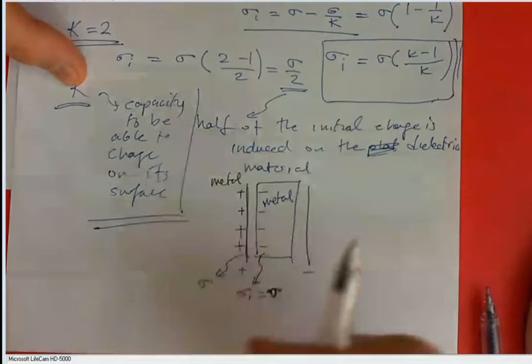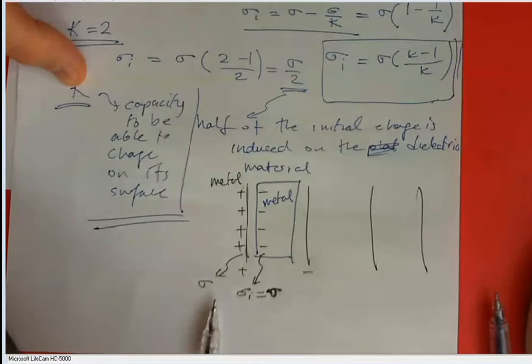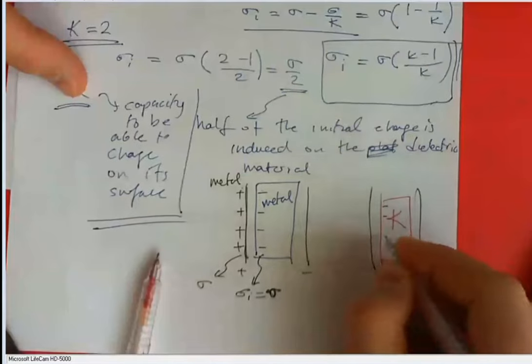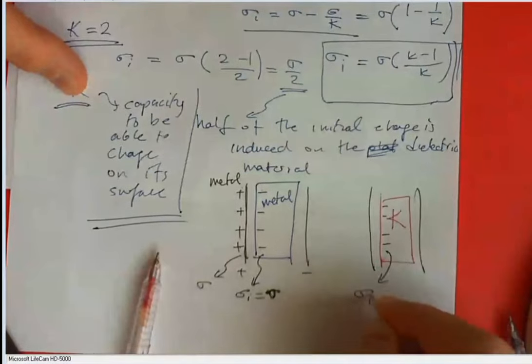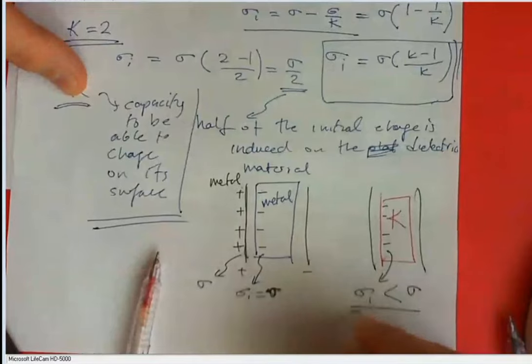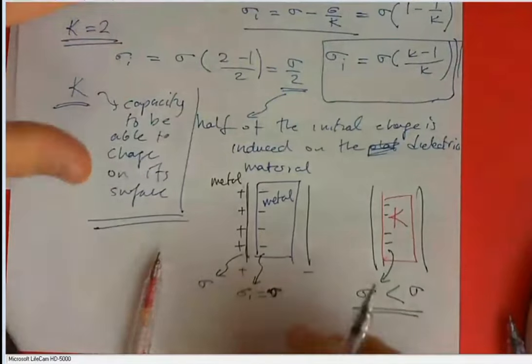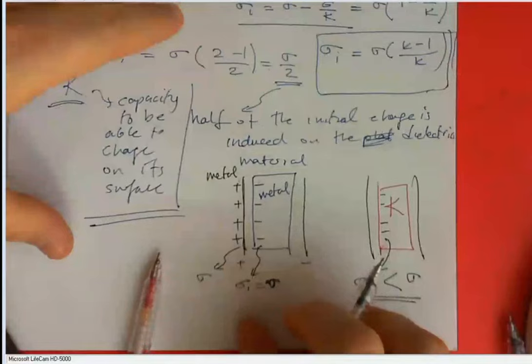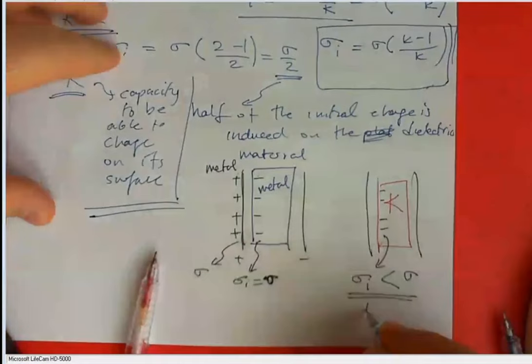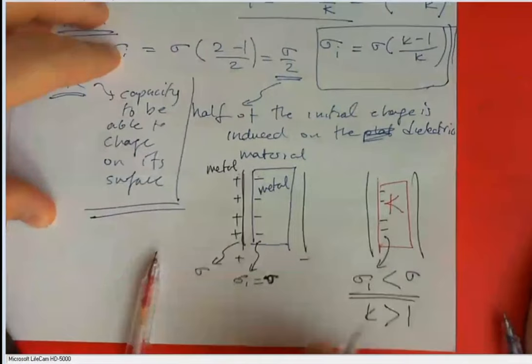If you put a dielectric material with a kappa, the amount of induced charges here, the sigma induced, will always be less than sigma. That means this kappa is greater than 1.